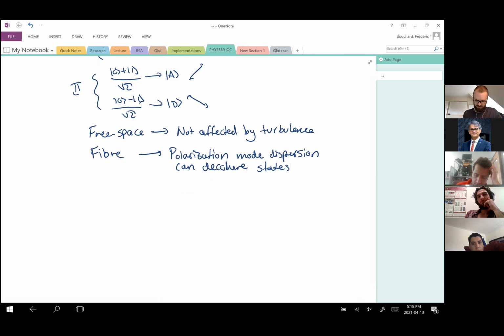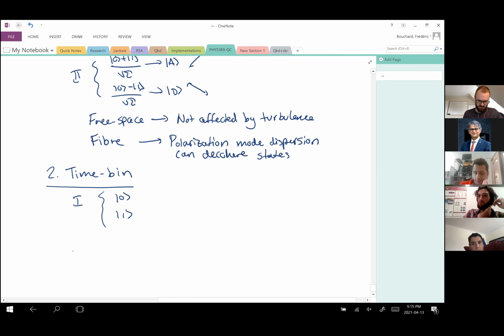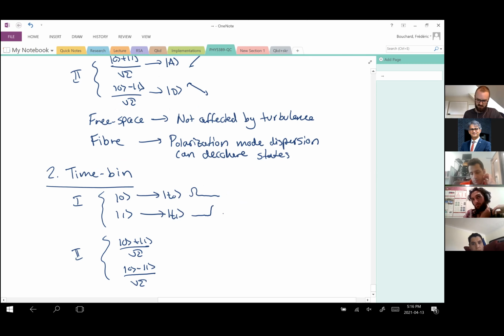That's basically the point. Another degree of freedom that's really popular is time bins. So if we take the example of BB84 again, you would say, okay, now my state 0 and 1 corresponds to having a photon at time 0 or a photon at time 1. And you would have something like this as a function of time.